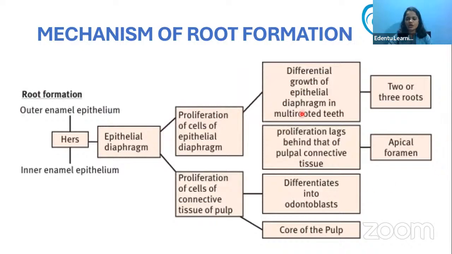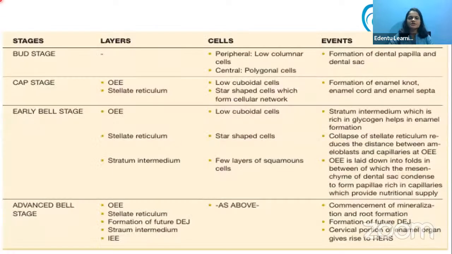Now, this flowchart is given in your Orban's textbook also. It is extremely important, when they ask you about the Hertwig's epithelial root sheath or the mechanism of root formation, always draw these flowcharts. Now, this table is also given in your Orban's histology. This table will really help you in your last minute revision: what the layers are, how many layers are seen, what cells are seen, and what events are occurring.